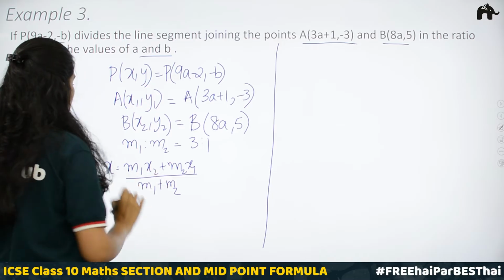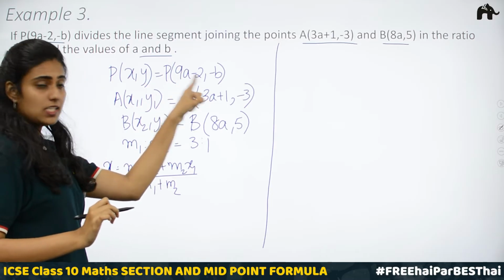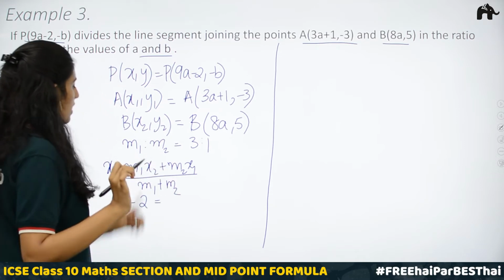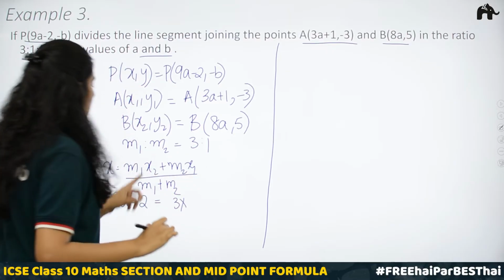Put the values. What is x here? Here we have x is equal to 9a minus 2. 9a minus 2 is equal to m1, m1 is 3, 3 into x2.